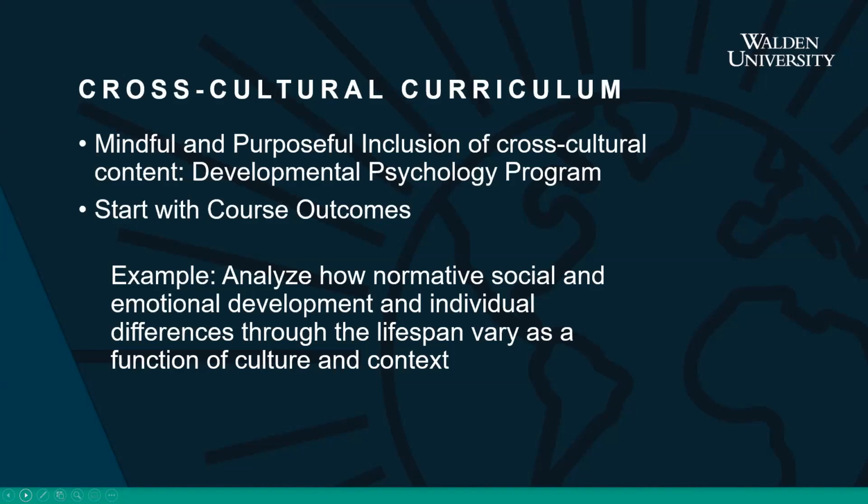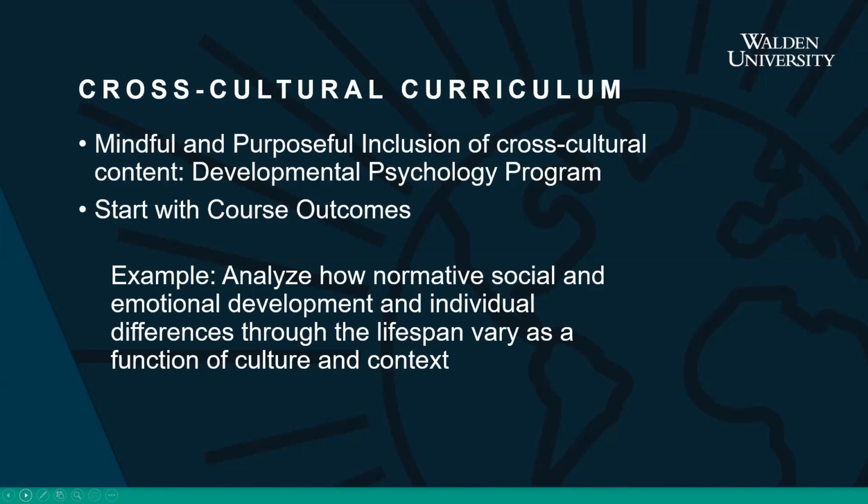And here we are explaining very formally, following the rules and the protocol that we follow. But basically, we wanted our students to learn about different normative social and emotional development.